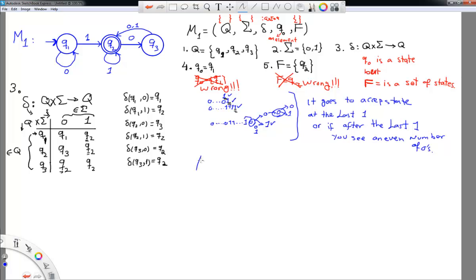So the language that your machine accepts is the set of all strings w such that w contains at least one 1 followed by an even number of zeros.